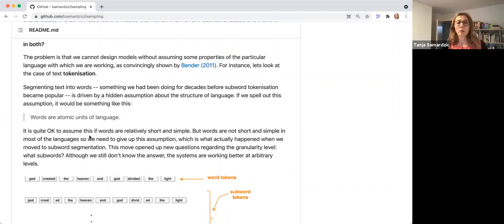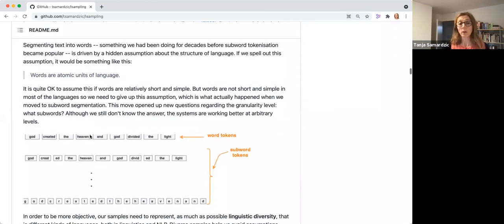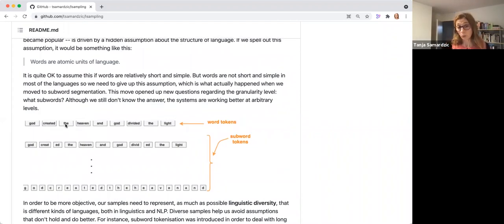And one of these assumptions, a very simple example, is about tokenization, right? For a long time, we assumed that words are the tokens on which we do calculations, right? Here's a small example from a Bible, because we use Bible for our own study. So this is why I have examples.